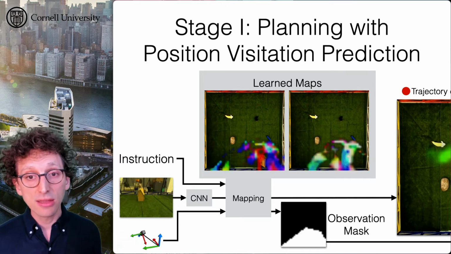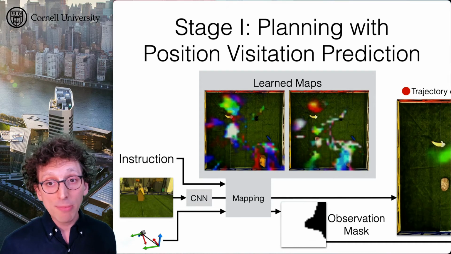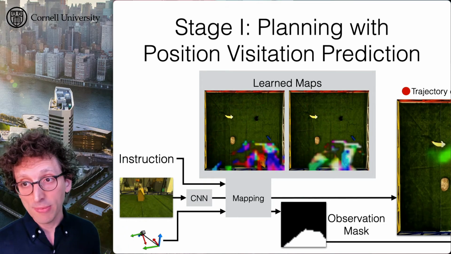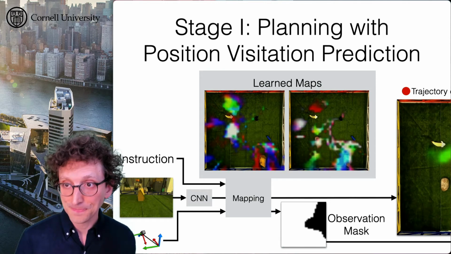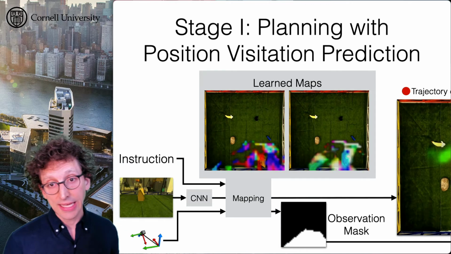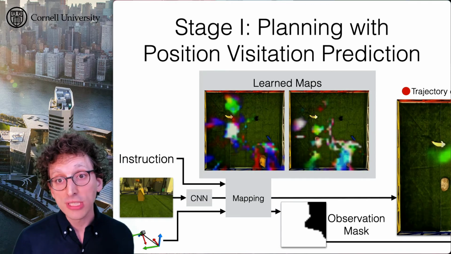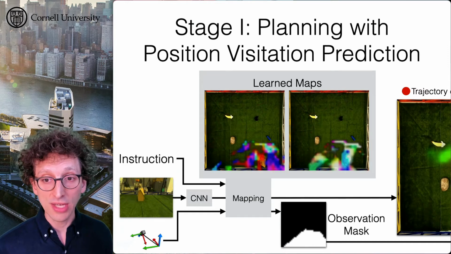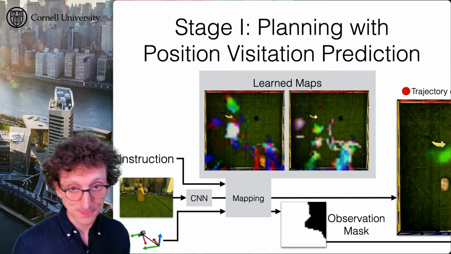And we feed these three inputs into a mapping procedure that generates two types of maps of the environment. This process is done in 4 steps. And during this process, we also deterministically accumulate what parts of the environment we observed.